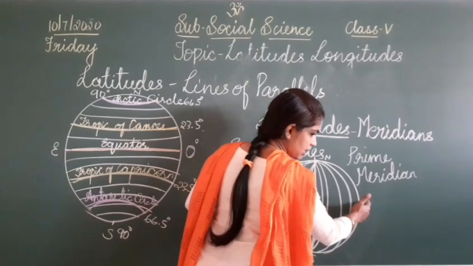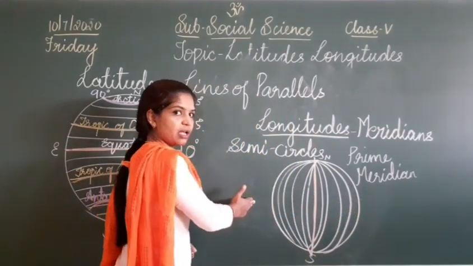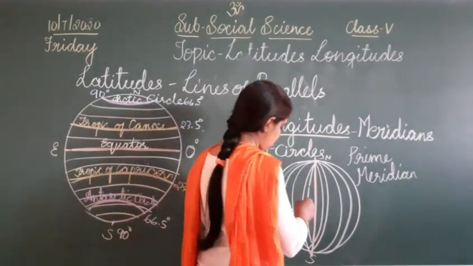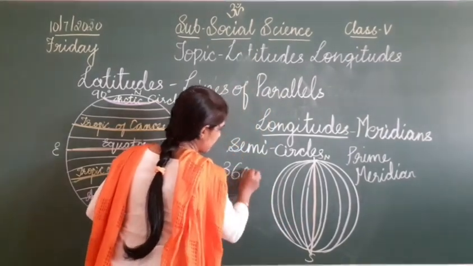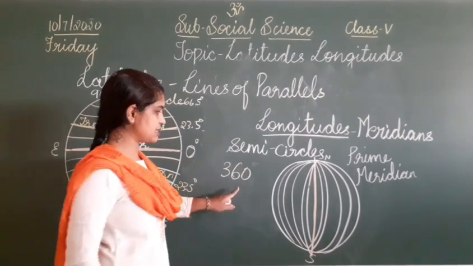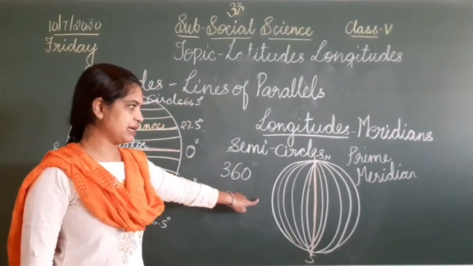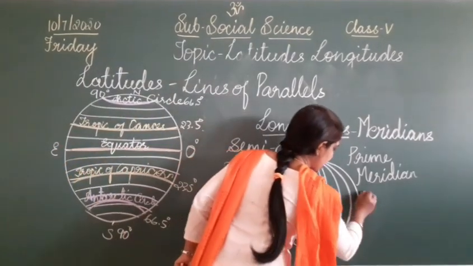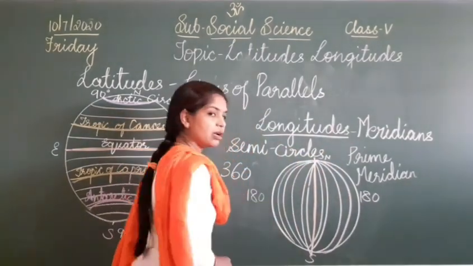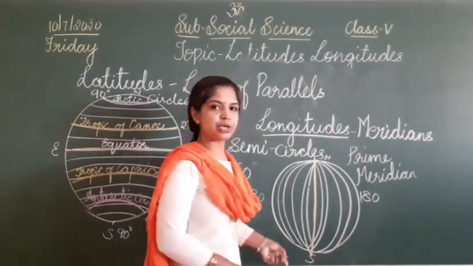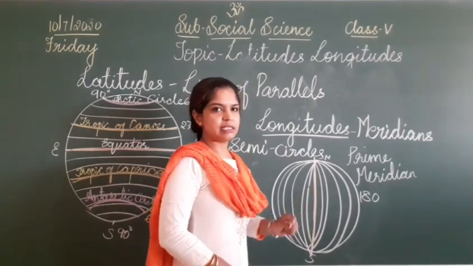This is the eastern hemisphere and this is the western hemisphere. Now, just now I said there are 360 meridians. There are 180 on the eastern hemisphere and 180 on the western hemisphere. Put together they are 360.